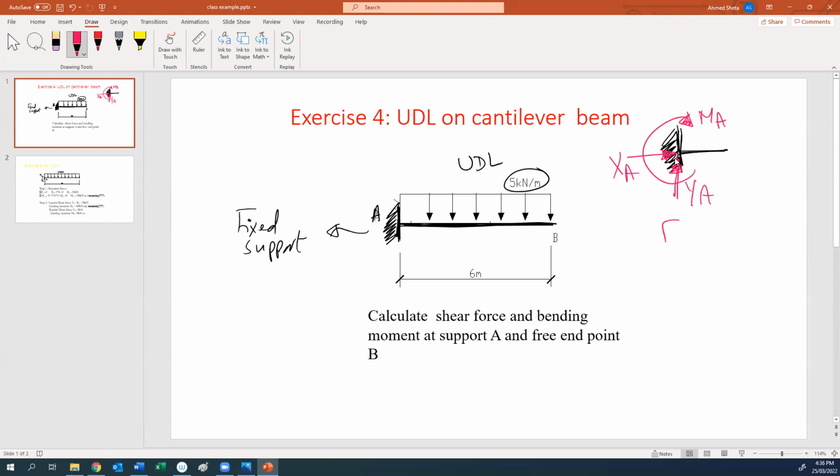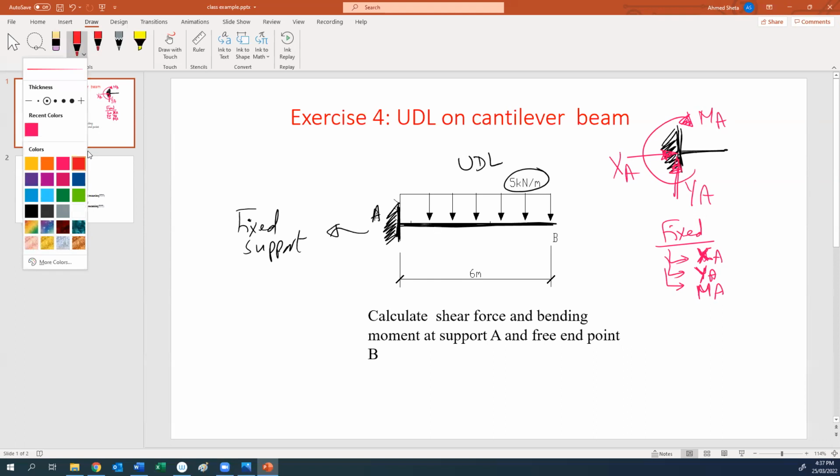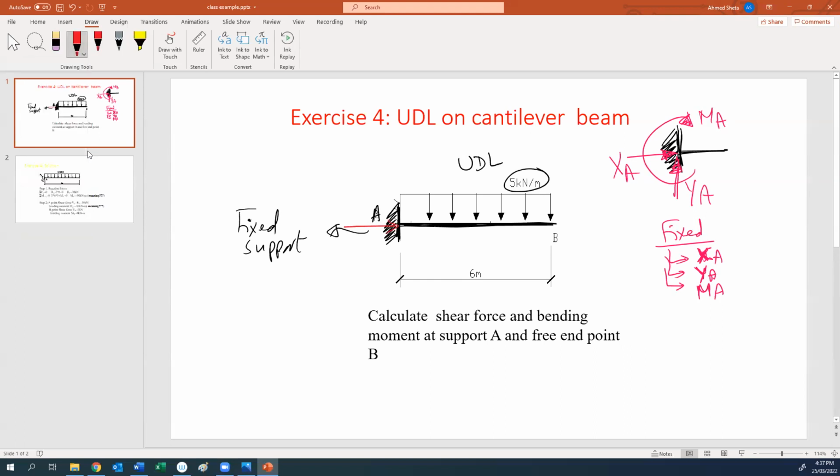So any fixed support has 3 reactions: X direction XA, YA, and MA. So here I will assume that we have 3 reactions, and we need to calculate them: YA, XA, and MA.